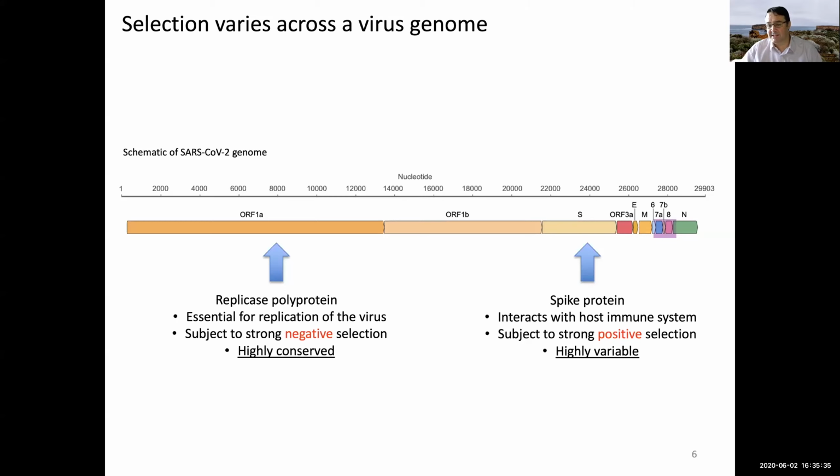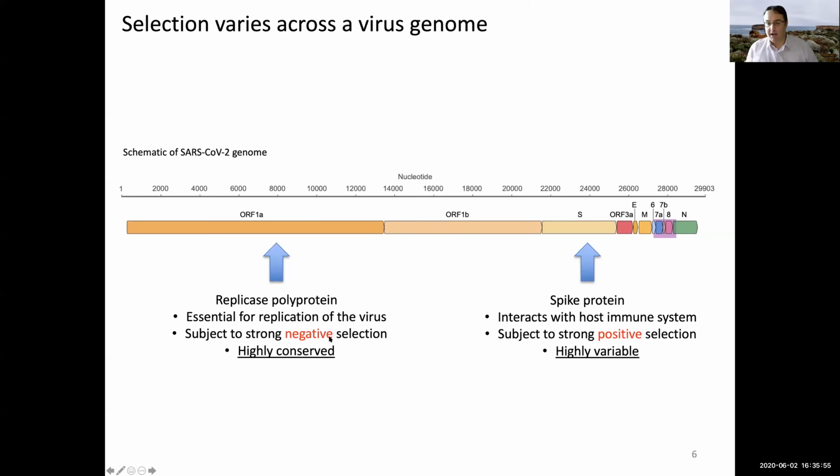So you tend to see fewer mutations there, because there's a risk that if you have a mutation, you'll impair the ability of the virus to replicate. And so selection favors conservation in this protein.